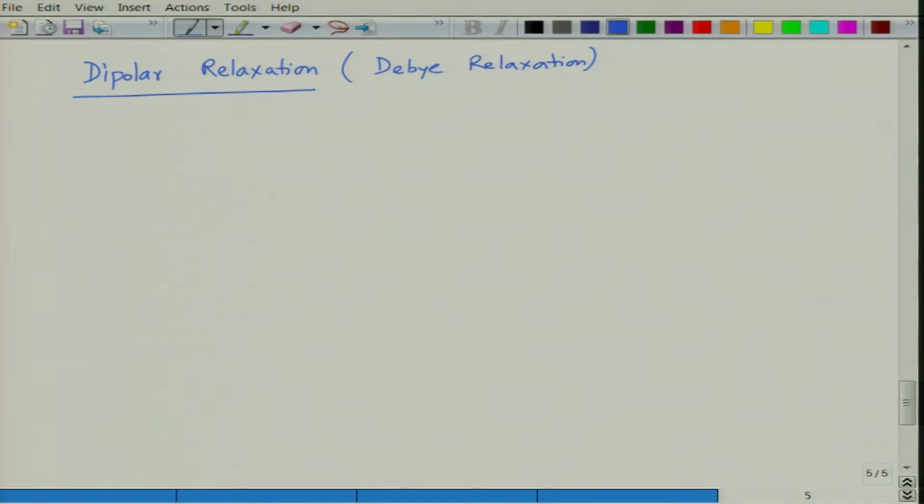This is valid mainly for polar solids, and this could be a variety of ceramics, dielectric ceramics, glasses and very many other systems.